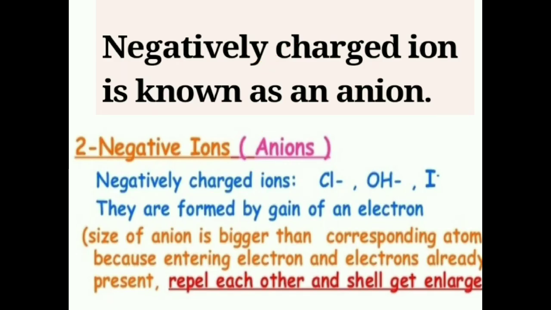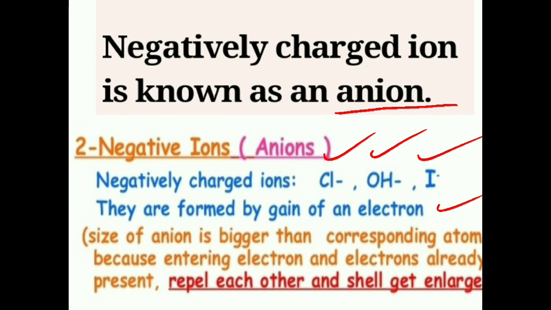Now, a negatively charged ion is known as an anion. Negative ions are called anions, and negatively charged ions are the chloride ion, hydroxide ion, iodide ion. They are formed by gain of an electron or gain of one or more electrons.